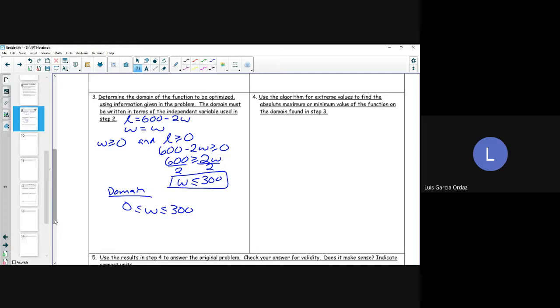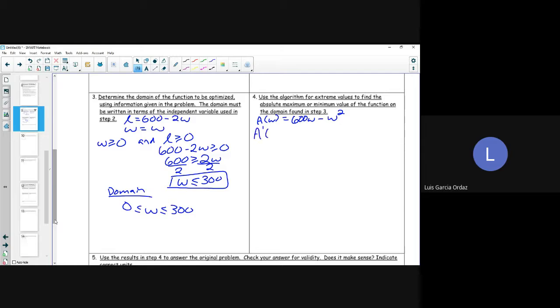So when it comes to optimization in calculus, we always take our derivative to help us figure out what my maximum or minimum is going to be. So we have our area in terms of w is equal to 600w minus w squared. So now to optimize this to help us find what our w is going to give us, we have to take the derivative.